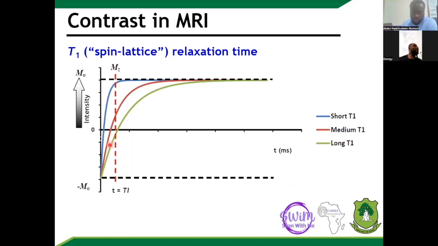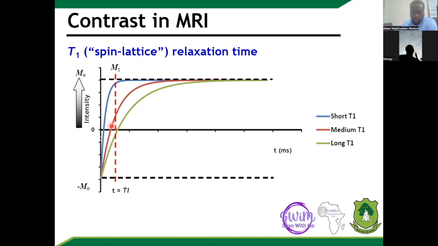So this length would define how bright that tissue would be in MRI. Those with medium T1 would have relaxed above the zero axis, and so we recover some small positive signal.